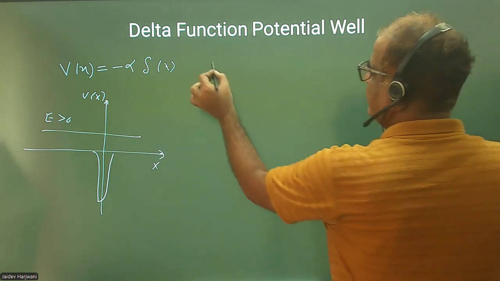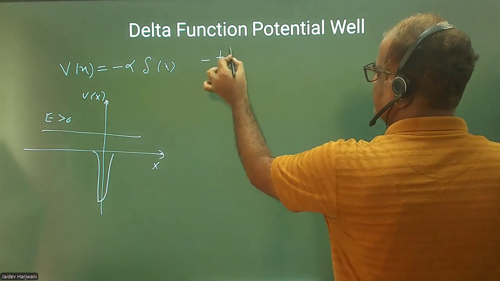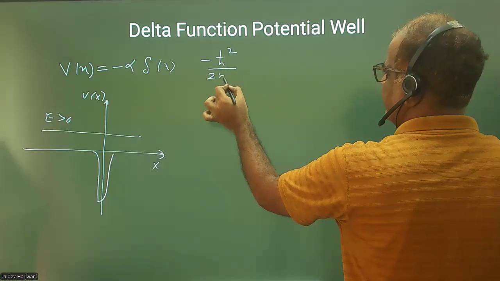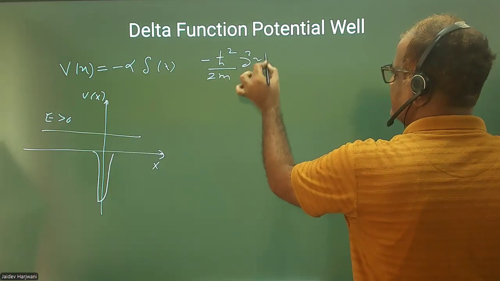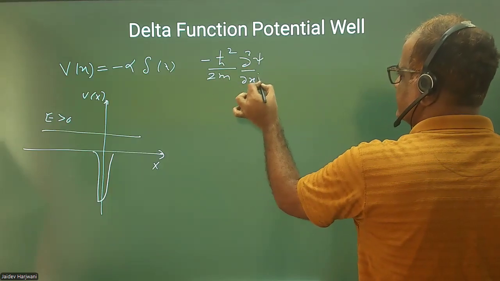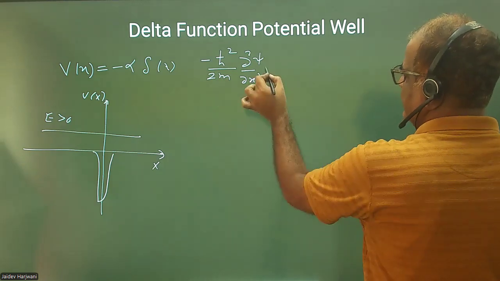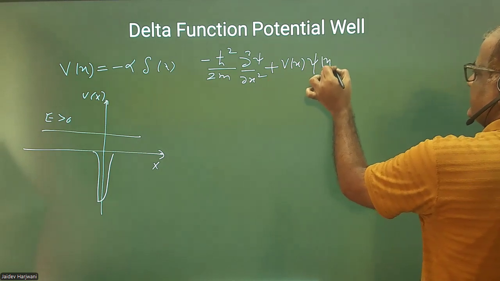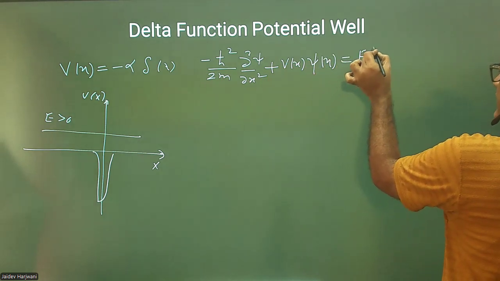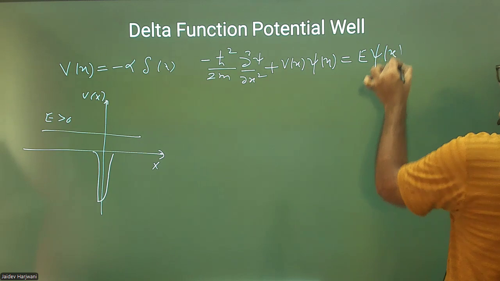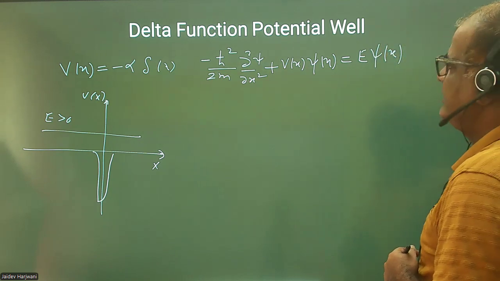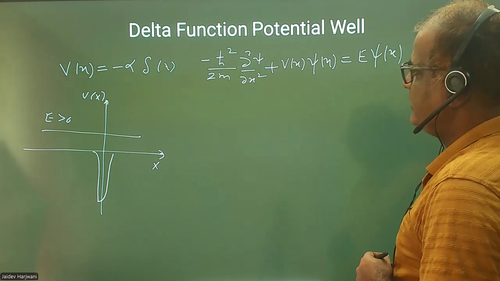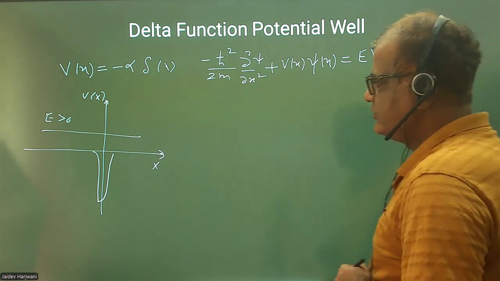We know the Schrödinger equation is -ħ²/2m ∂²ψ/∂x² plus the potential V(x)ψ(x) equal to Eψ(x). This is my equation.